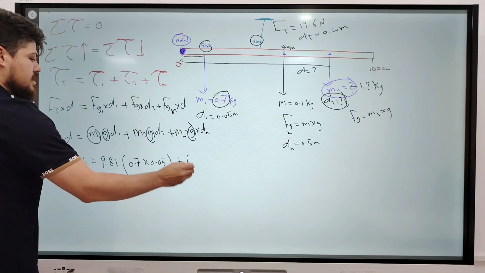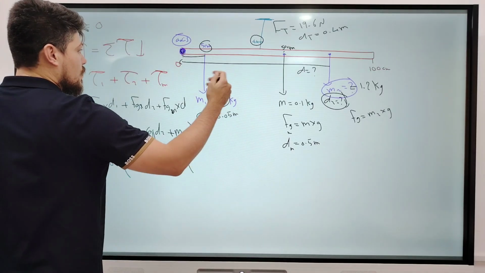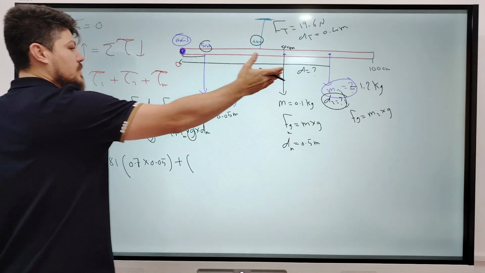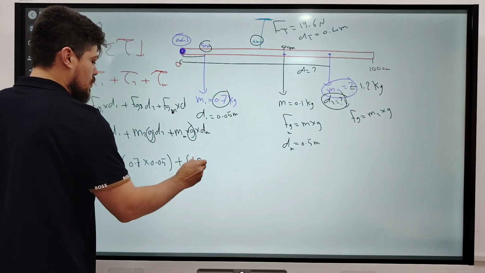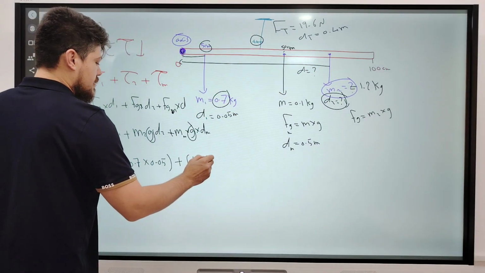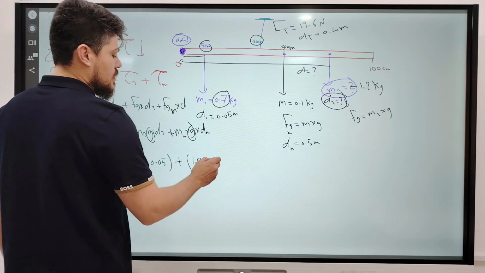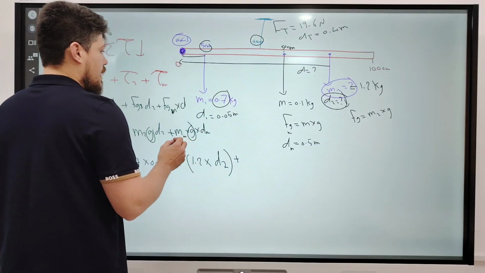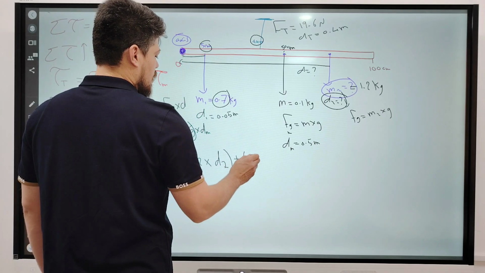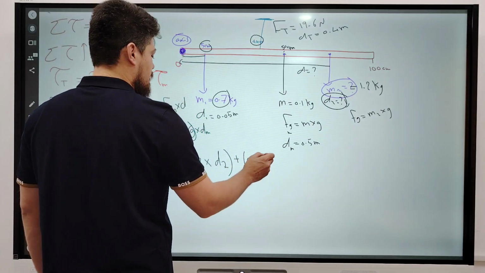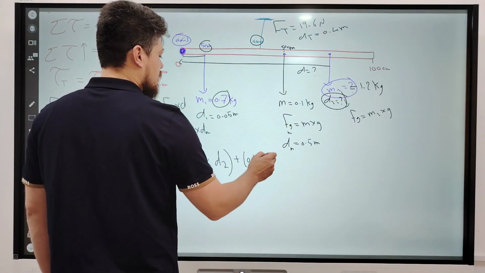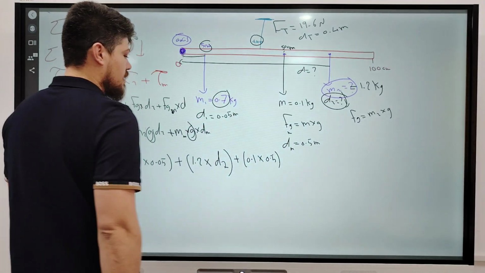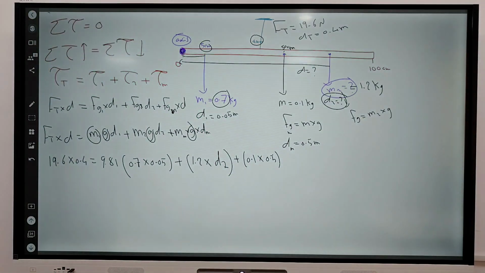Plus m2. We didn't have m2 at first, but we found it, 1.2, times d2, unknown. Plus the mass of the meter stick, 0.1, times the distance of the meter stick, which is located at the middle, so that is equal to 0.1 times 0.5.